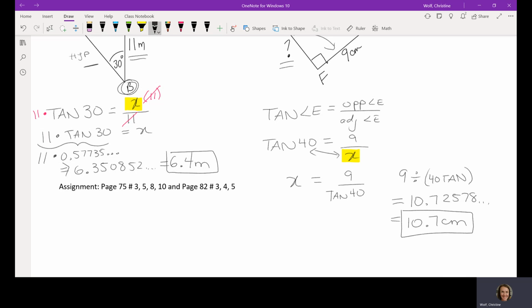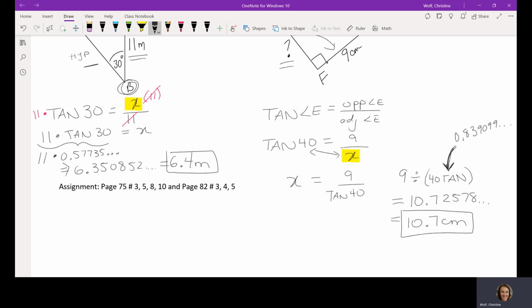Okay, so be careful here. Again, when I go 9 divided by 40 tan, and I press just those buttons, it spits out a decimal, and that decimal is 0.83909, etc. But that isn't your answer. That is what the tan of 40 is.